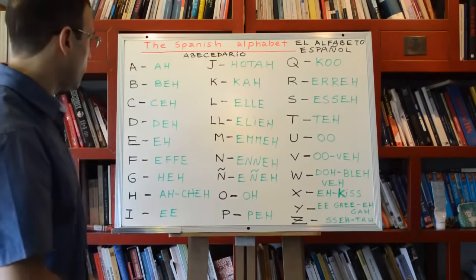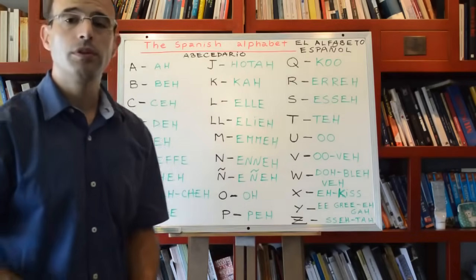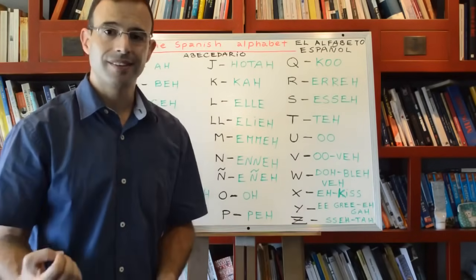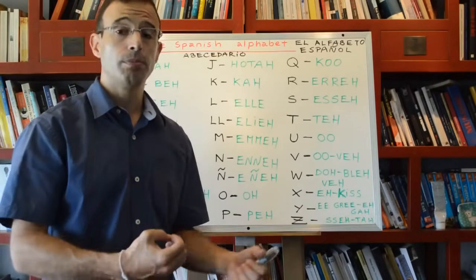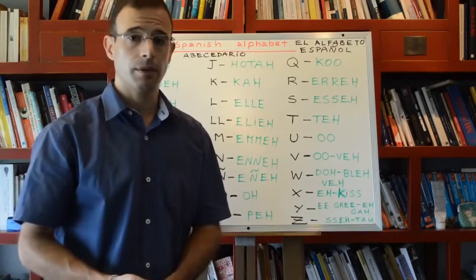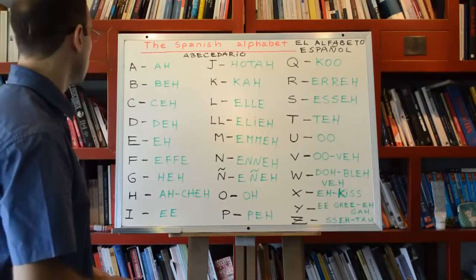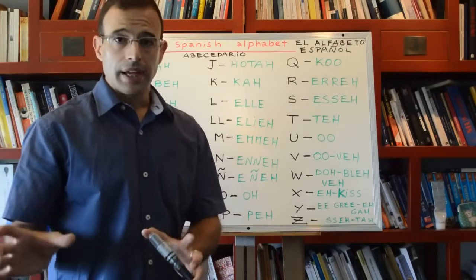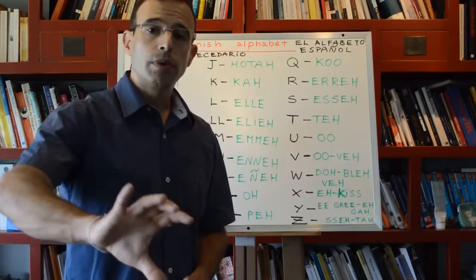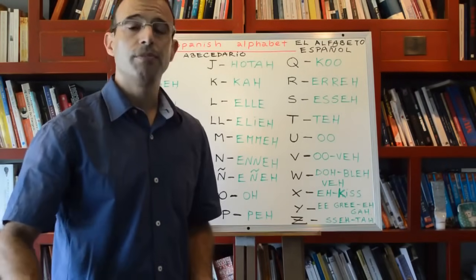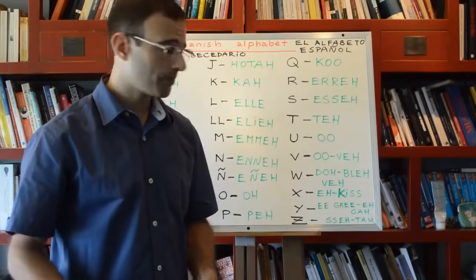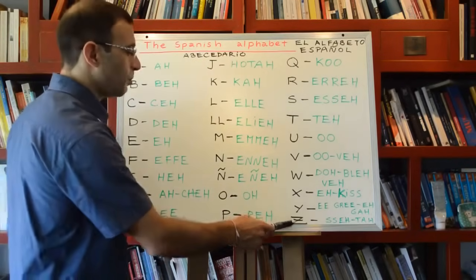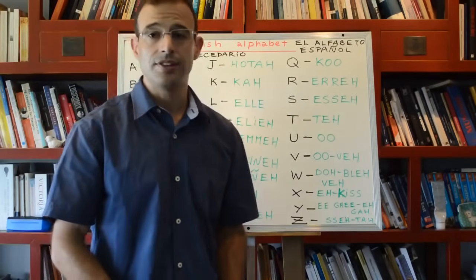Before reading it one more time, I want to give you some hints on how to pronounce correctly some of the Spanish sounds. In Spanish from Spain, in most parts of Spain in Europe, this would be theta, like the th in English.